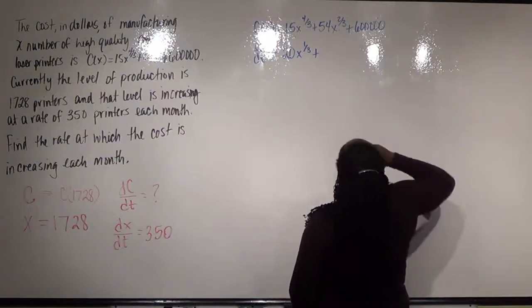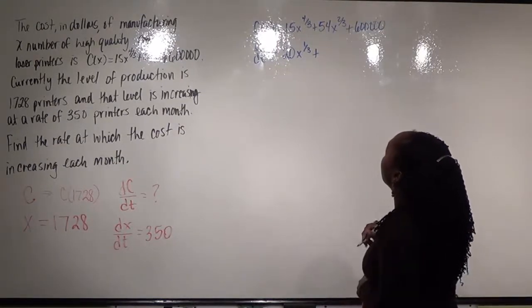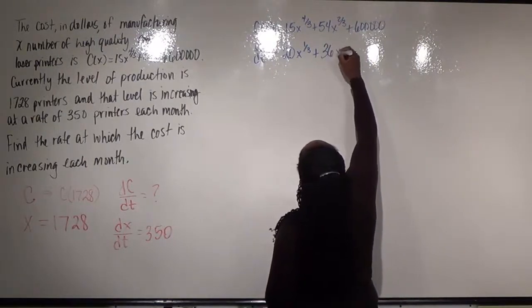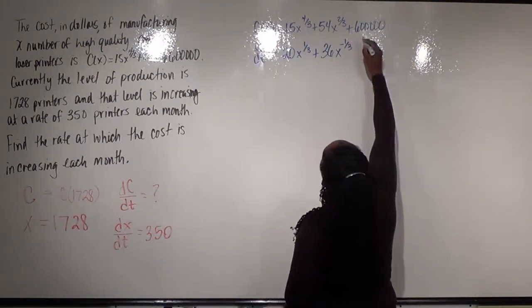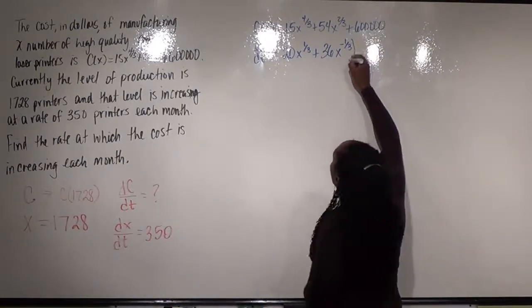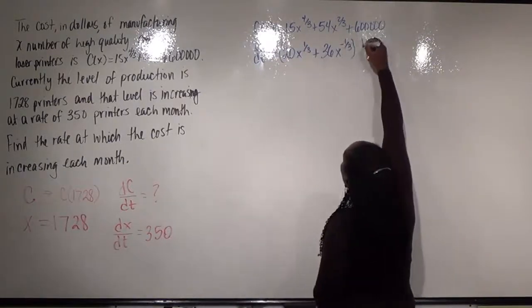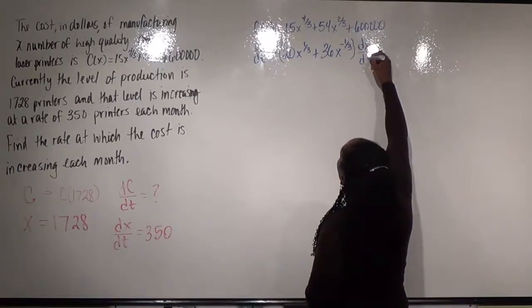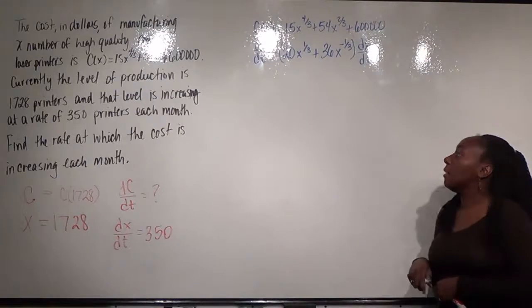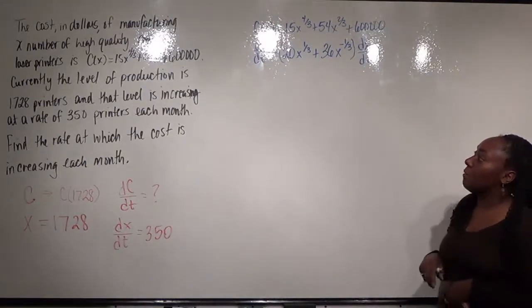Plus, bringing down the 3, 18 times 2 is 36x^(-1/3), and the 600,000 goes away. Because I'm taking these derivatives with respect to time, both of them will have a dx/dt, so I can just put that at the end. And that's the nice thing about an explicit function.